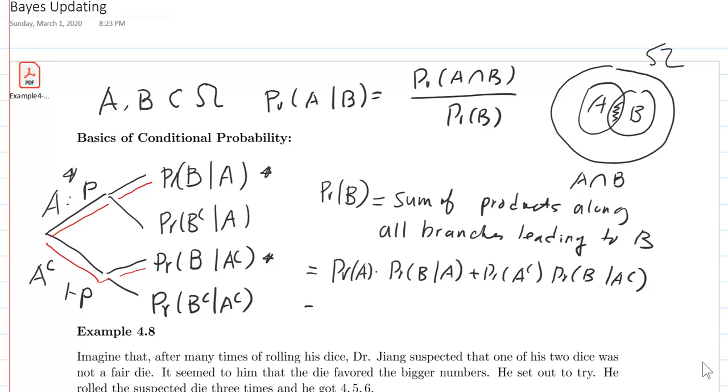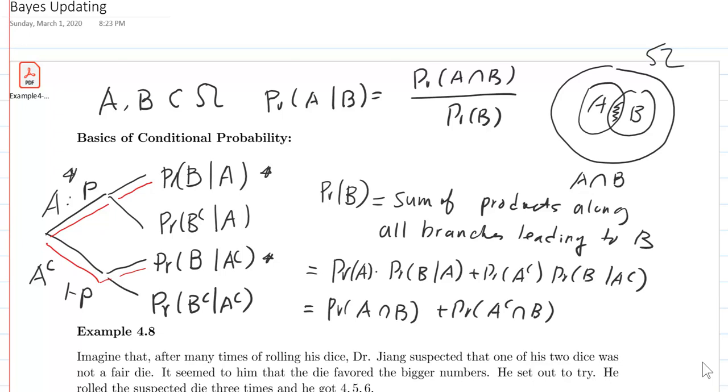Or using the total probability formula, we can actually see what this one is. This one over here is exactly the probability of A intersect B. And the second one over here is the probability of A complement intersect B. So for B to happen, it's either A happens or A doesn't happen, and that's what we have.